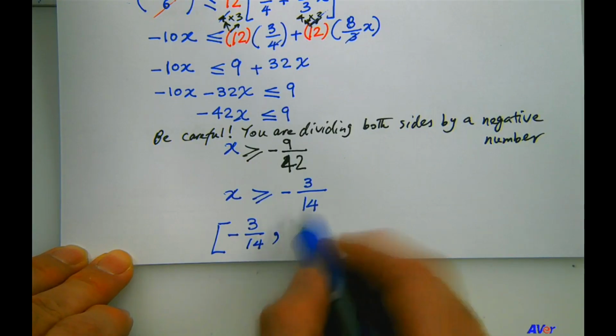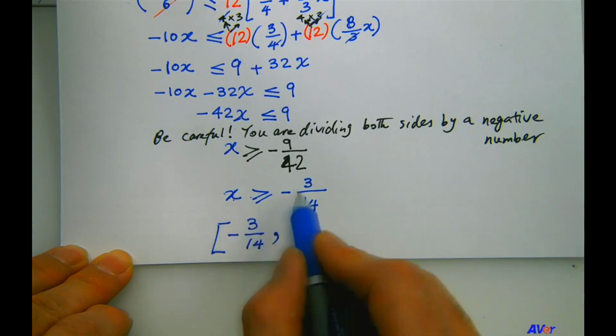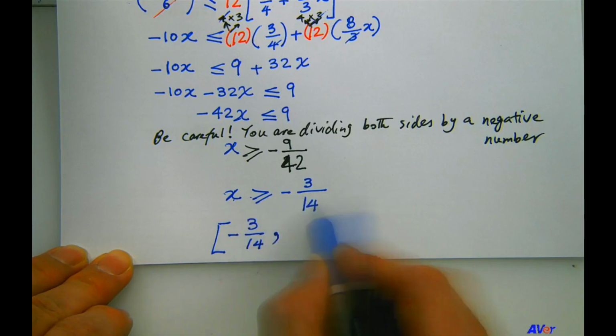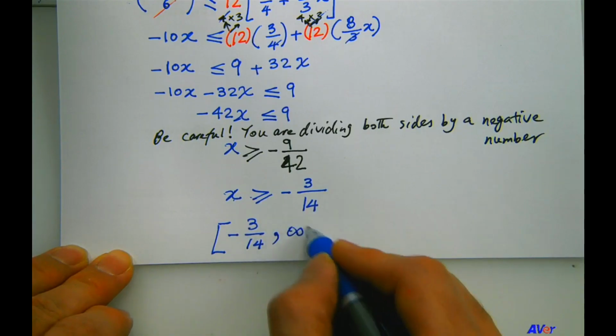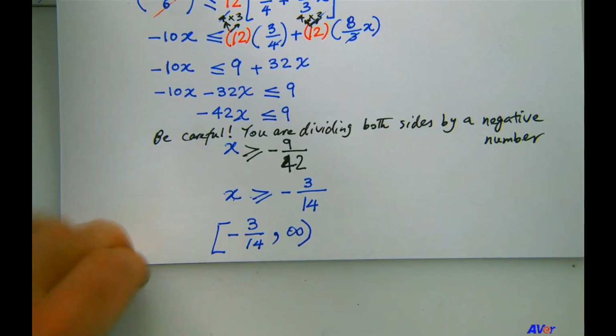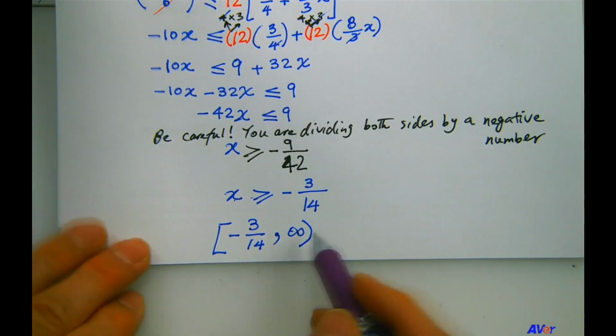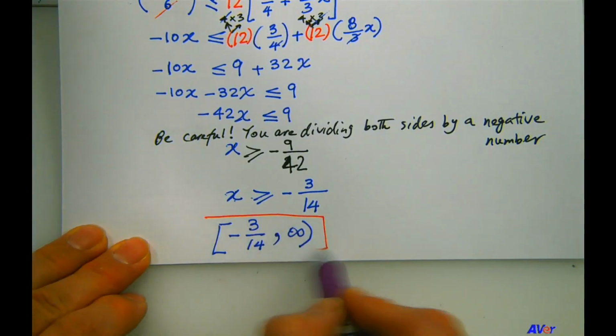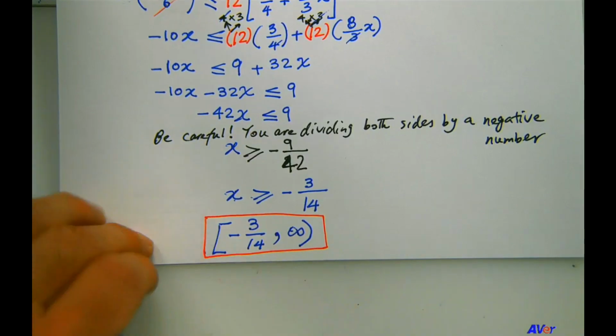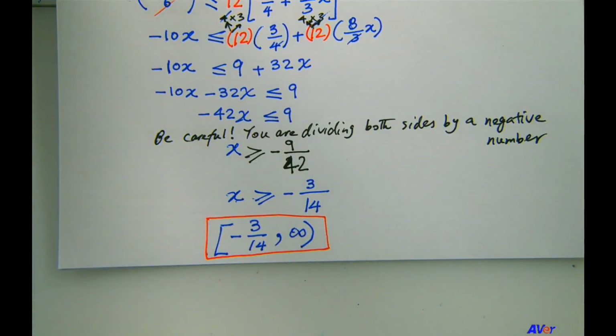And then the x value can be anything equal to or larger than this. So comma, positive infinity, and of course parenthesis always next to the infinity or negative infinity. So that is our solution for this problem.